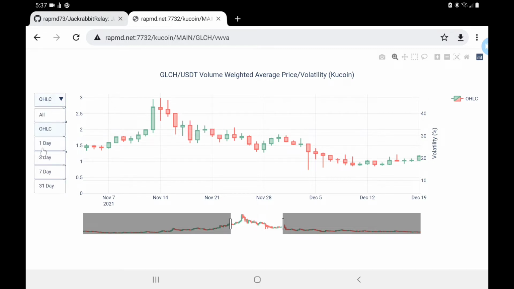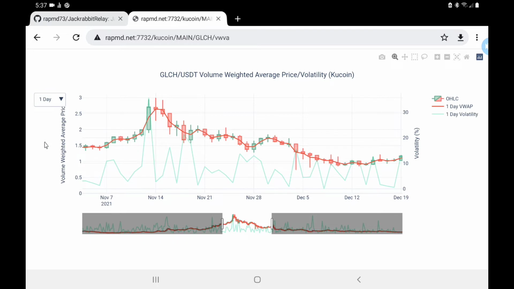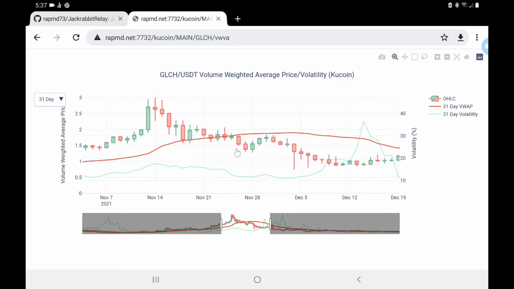You can view one-day volatility and one-day volume weighted average price, 3-day, 7-day, and 31 days. Red line, volume weighted average price in relation to the candles. The green line is the volatility for the 31-day period at that candle.